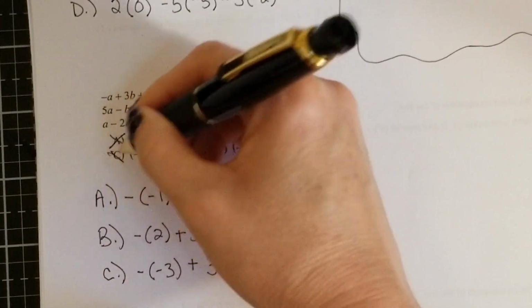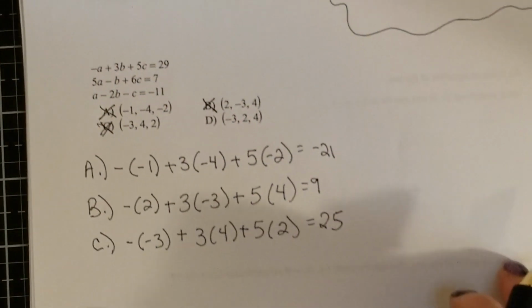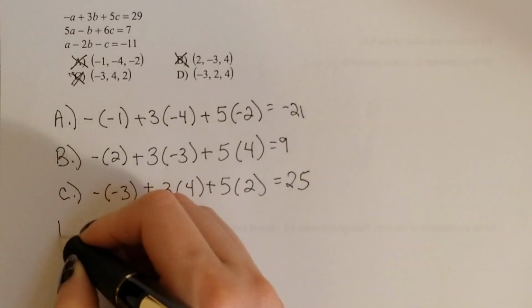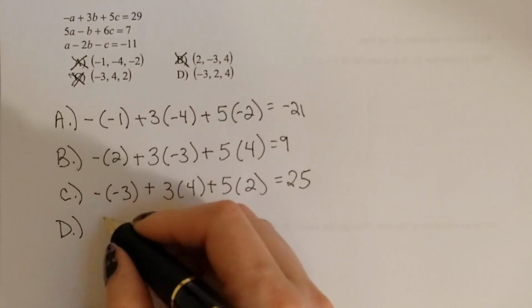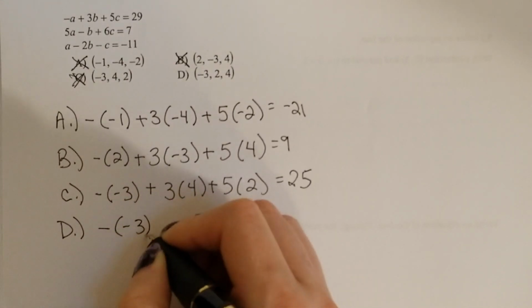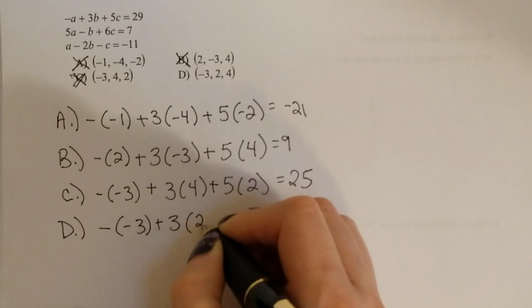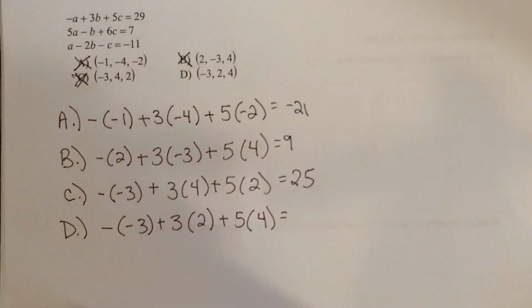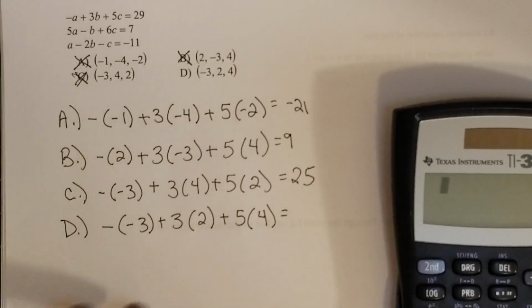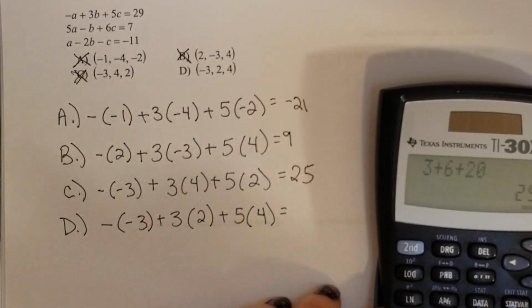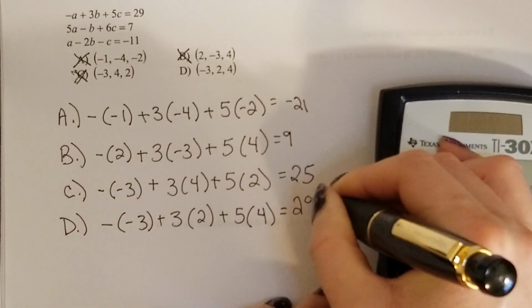So it's not C. I know it has to be D, but let's go ahead and show you what the real answer would look like, even though I already know at this point it has to be D. So if you would plug this in, that would be 3 plus 6 plus 20, and that gives you 29.